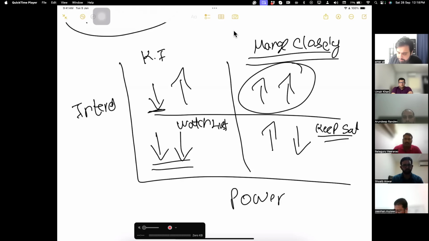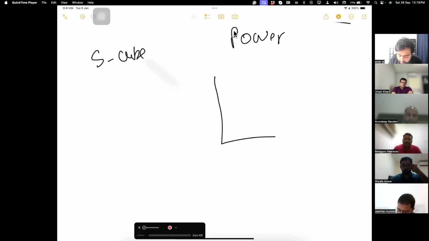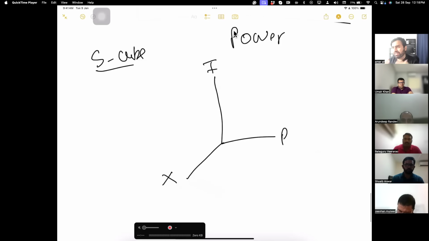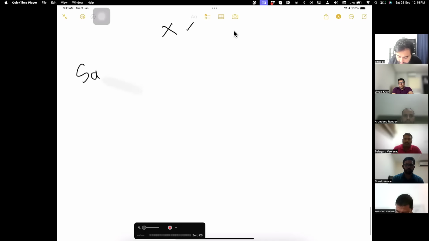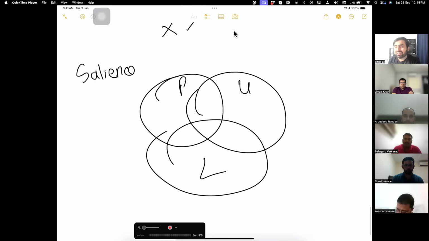We also have other models for prioritization, like the stakeholder cube: power, interest, and a third one, such as geography or attitude. There is also the salience model, another 3D model, with power, urgency, and legitimacy. Just knowing their names and understanding that they are three-dimensional is more than enough. You don't need to go into depth.